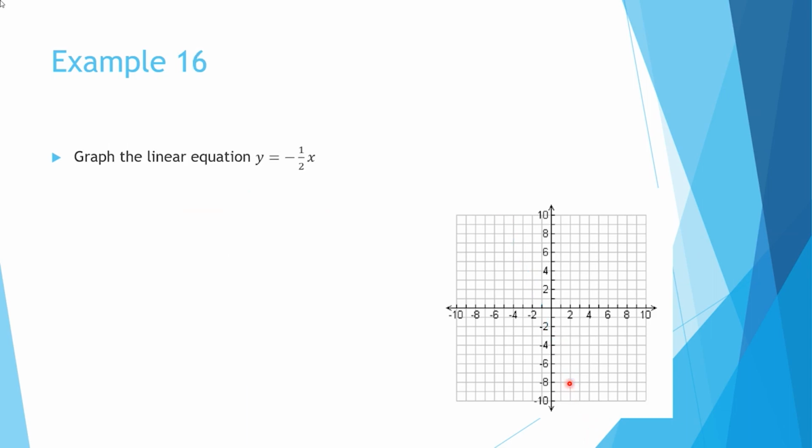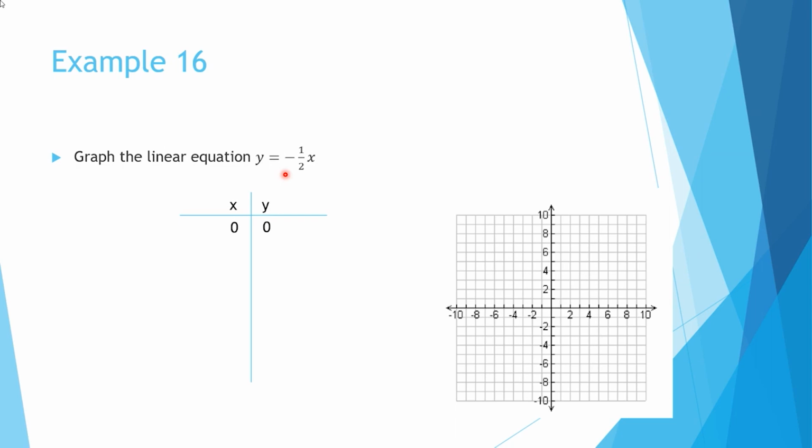All right, example number 16, and notice here I have a fraction. Since I have a fraction here, again, for x, I can plug in any values that I want. So I'm going to set up my table again. This time, I'm going to plug in numbers that are convenient. So I know I'm going to have to divide by 2, so I'm going to plug in numbers that are divisible by 2. 0, just plug it in.